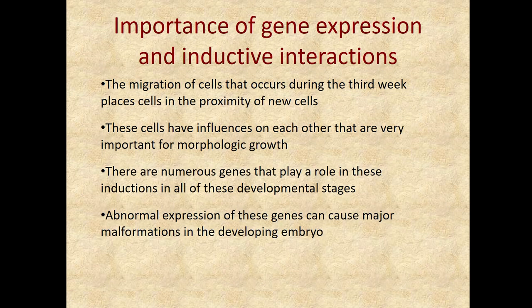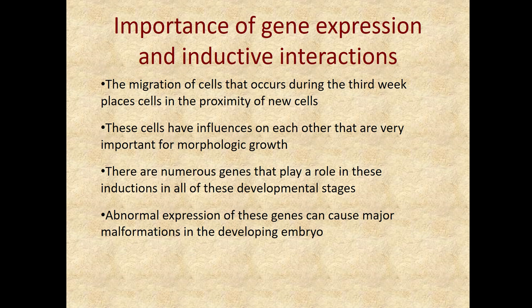And although we don't talk a lot about gene expression or induction, it is important to know that all of the events and processes that occur in the embryo are dependent upon the cells interacting with each other and the cells expressing certain genes that allow the cells to mature and develop in certain cell lines.